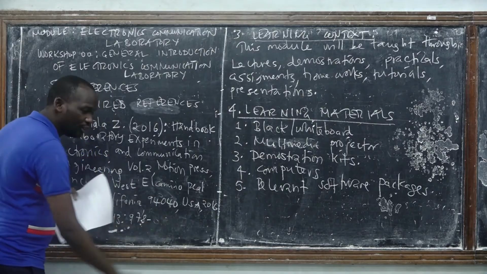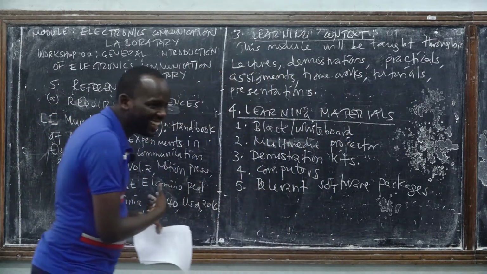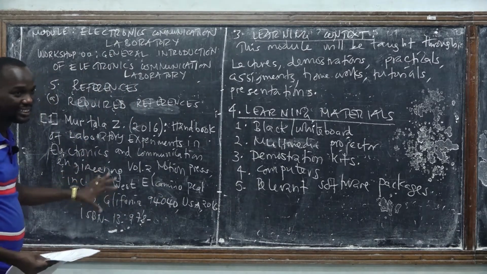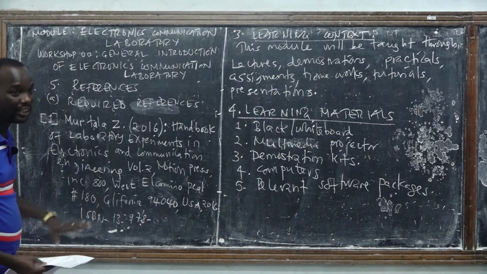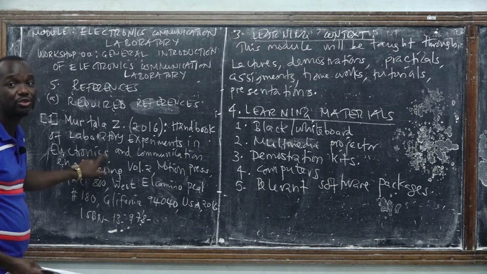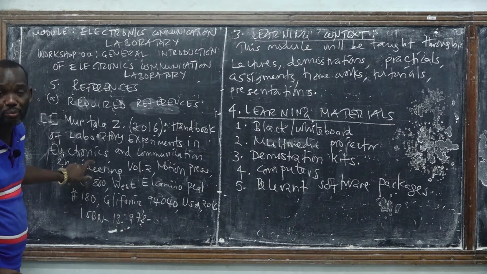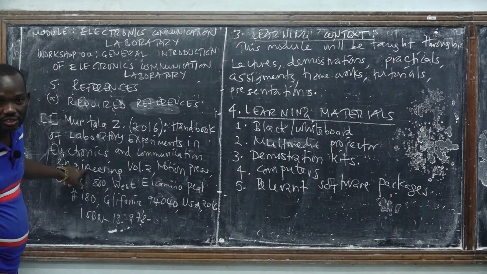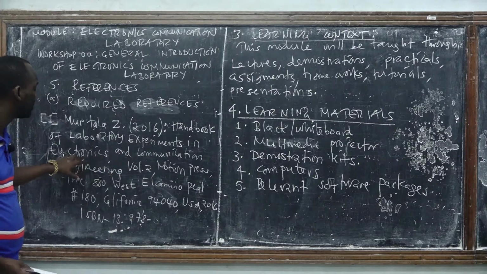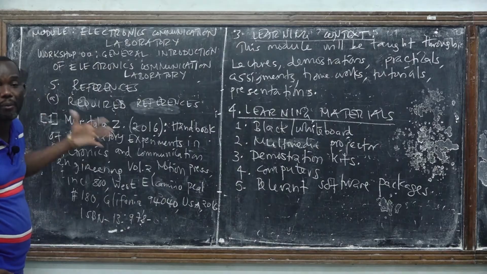I know that for beginner students you might see all of this information as boring. The name of the book is actually interesting, but all of this information is boring. But I want to tell you that without this information that I'm giving you, you will never find this book online, and you will never find the free one, because I know you cannot buy it. You can write the name, Handbook of Laboratory Experiments in Electronics and Communication, in Google. You will see the books that have been sold on Amazon.